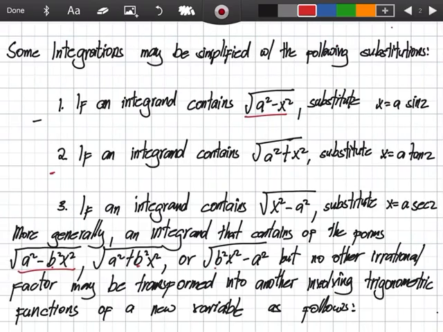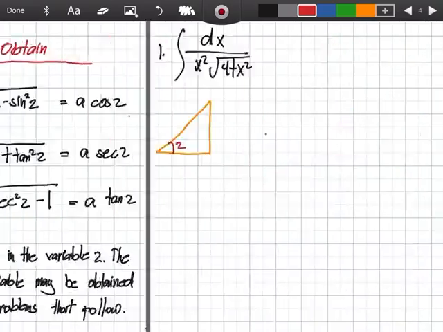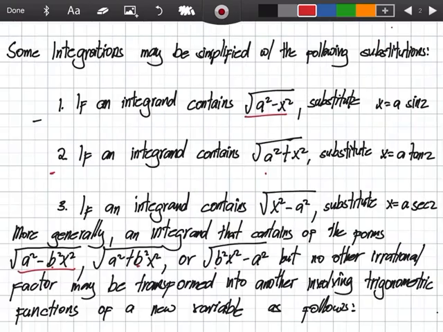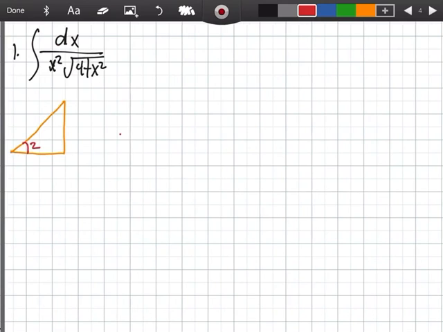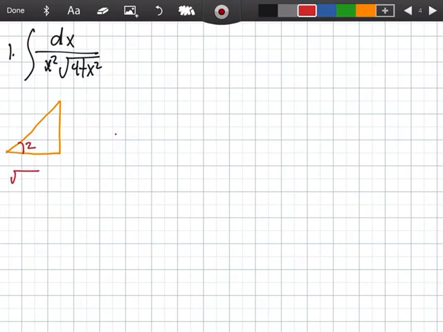This is number 2, the square root of a squared plus x squared. When we have the square root of a squared plus x squared, x is equal to a tan z.